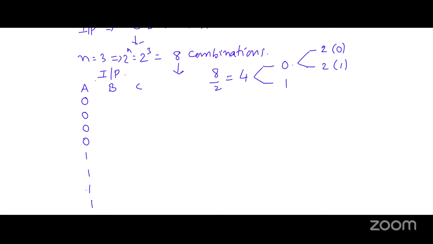Okay. 2 zeros, 2 ones. Again, 2 zeros, 2 ones. Next, here only 2 zeros are there. In 2 zeros, 1 zero, 1 one. Starting with 0 only.